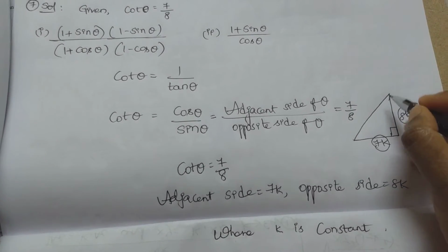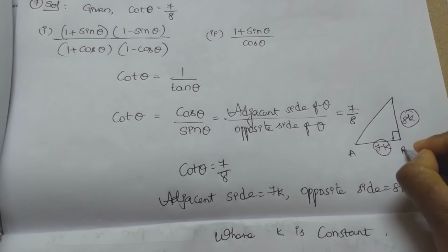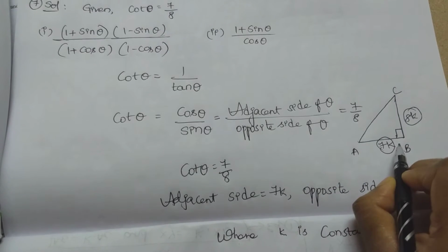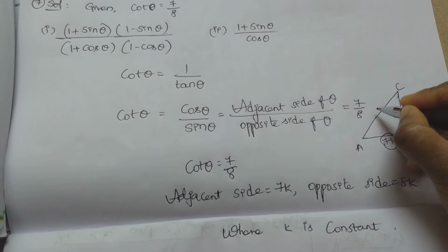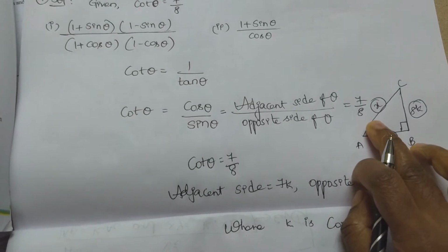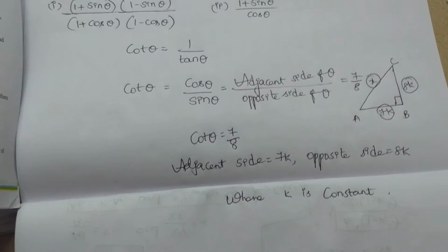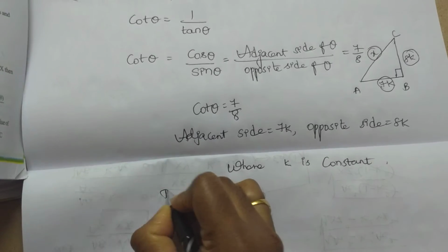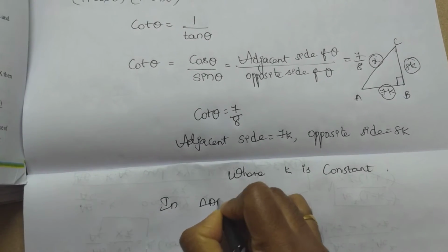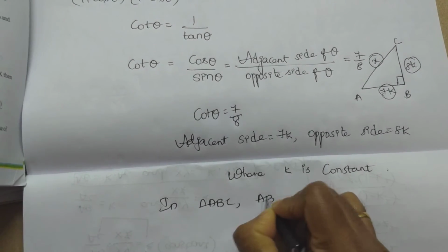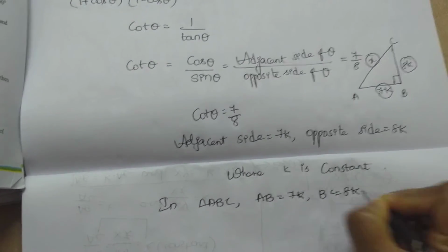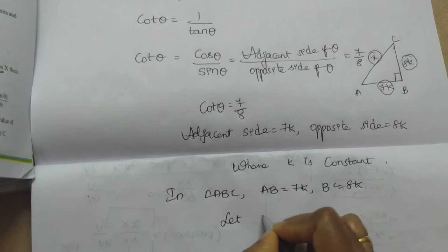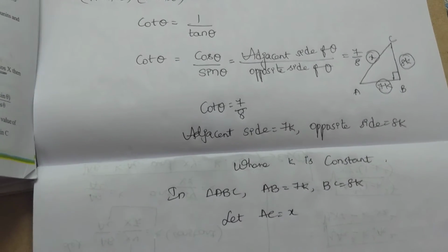Let the vertices be A, B, C. We know AB and BC. Since it is a right angle triangle, we can easily find the other side. So let AC equal x. In triangle ABC, AB equals 7k, BC equals 8k.